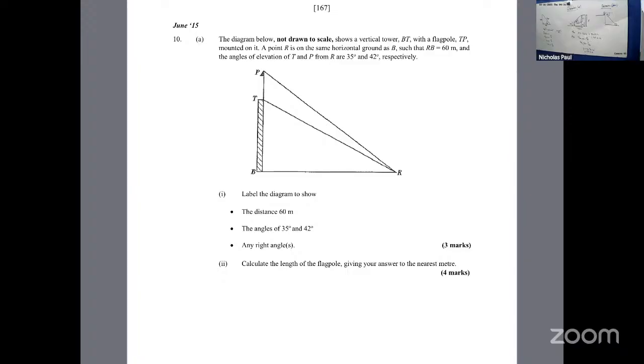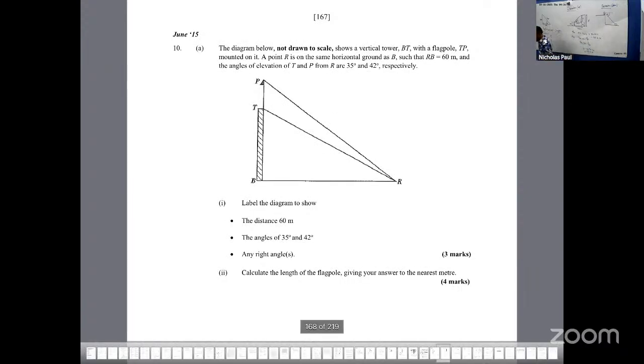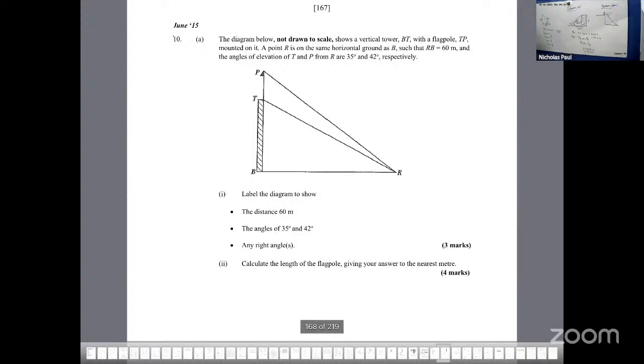Right, so I just want to check and see if you have all the right things on your diagram. Right, the figure there, they give you the vertical tower, you're seeing it?